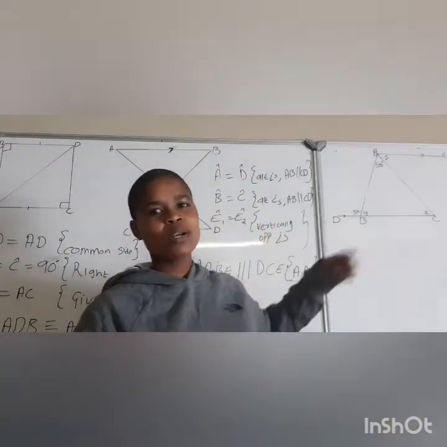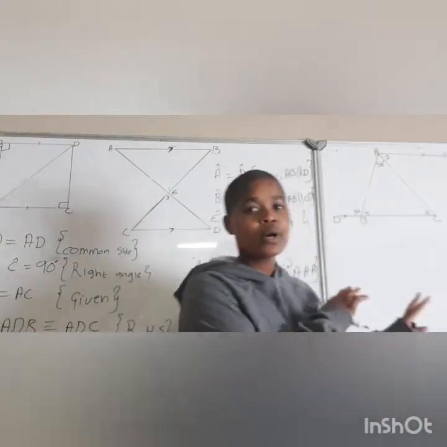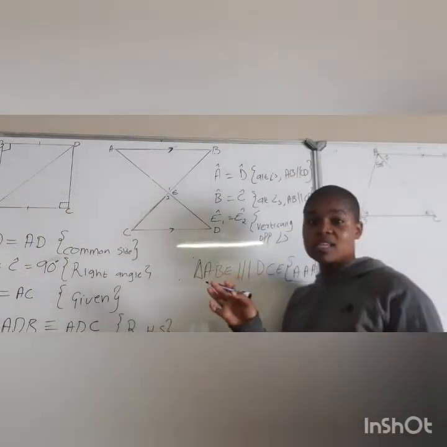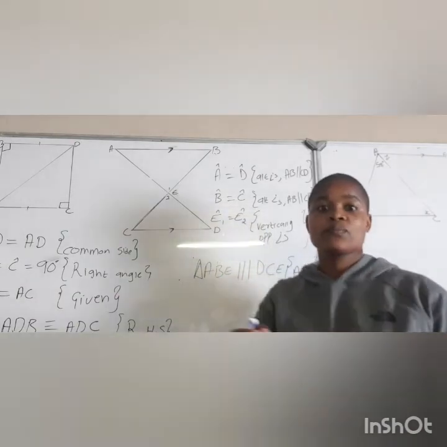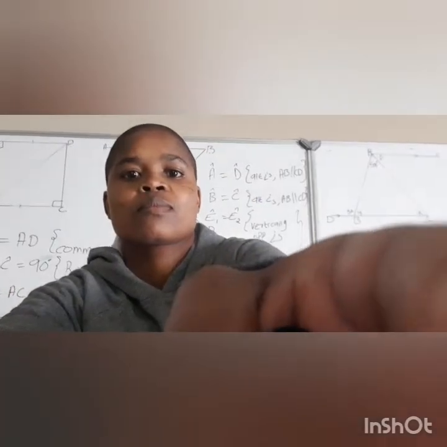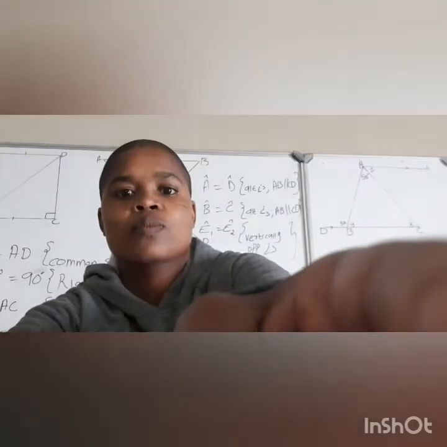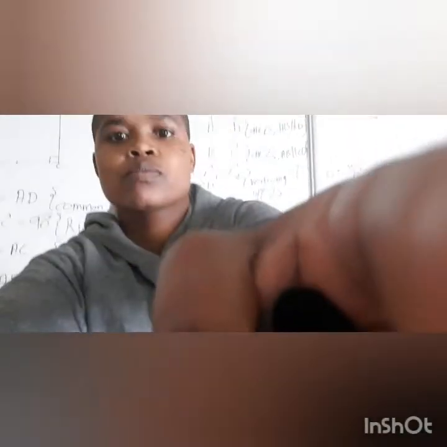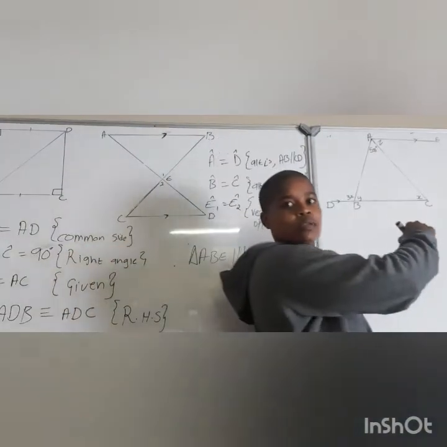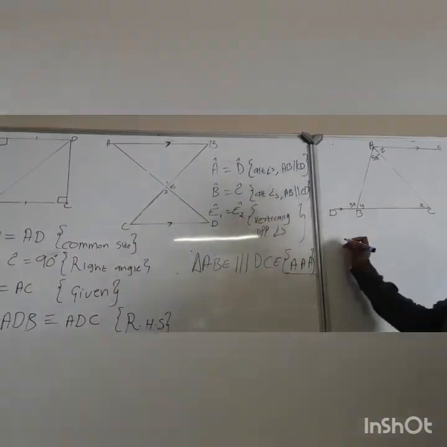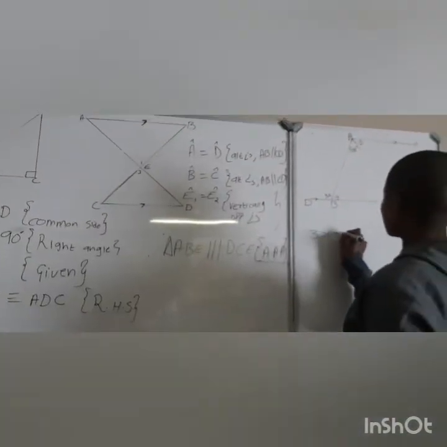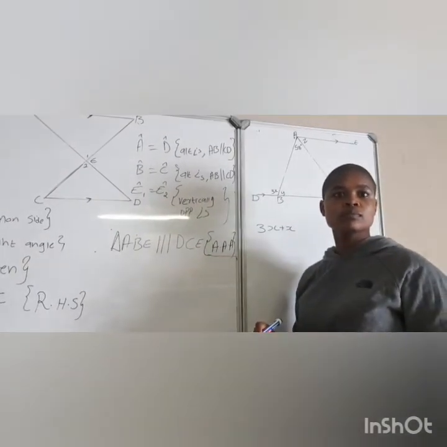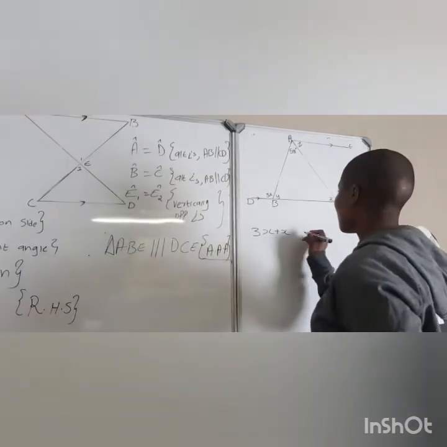I know they spoke about x here, but we have quite a few unknown angles, so you are going to give us at least one of them, and then some will give us the rest, okay? 3x plus x is equal to 180 degrees.